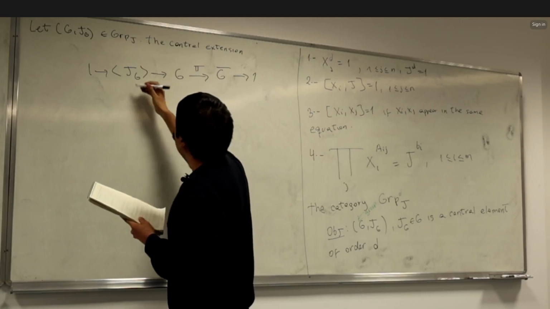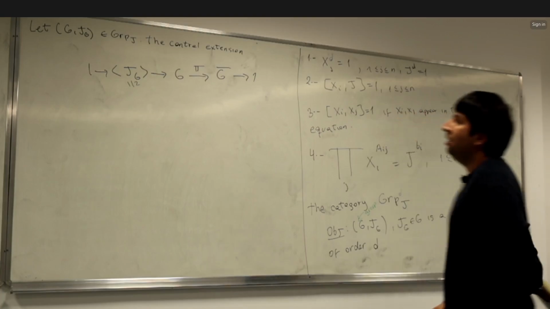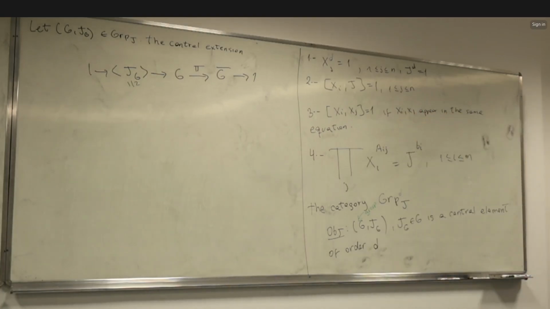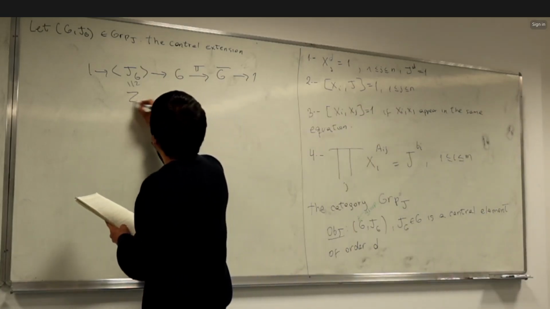Remember J is a central element of d-torsion of order d. So this is isomorphic to Z mod d.